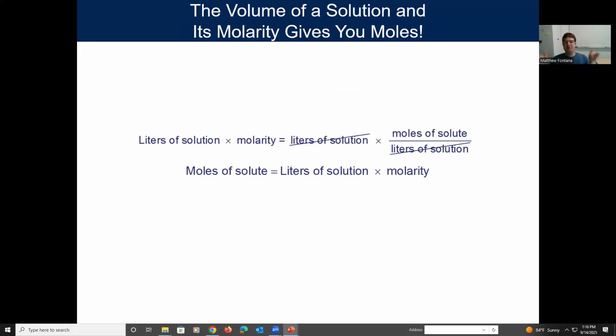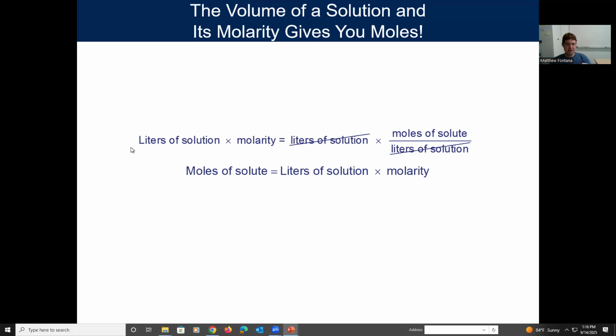Okay, one thing to point out to you is if you are given the volume of your solution and you are also given the molarity of your solution, you can figure out how many moles of solute you're going to have. So just to show you here, liters times molarity is the same thing as liters of solution times moles of solute per liters of solution.